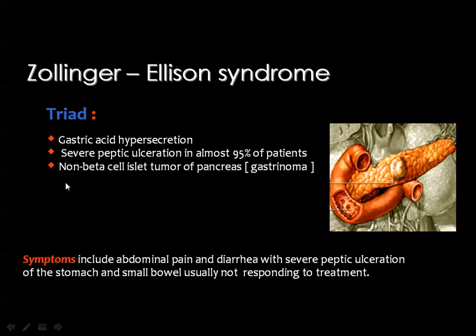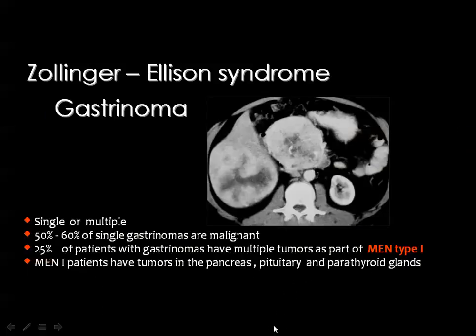Then the third part of the triad is the presence of a non-beta cell islet tumor of the pancreas, which is a gastrinoma. Then symptoms of this syndrome include abdominal pain, diarrhea, and severe peptic ulcerations of the stomach and maybe the small bowel. And these ulcers are usually not responding well to medical treatment.